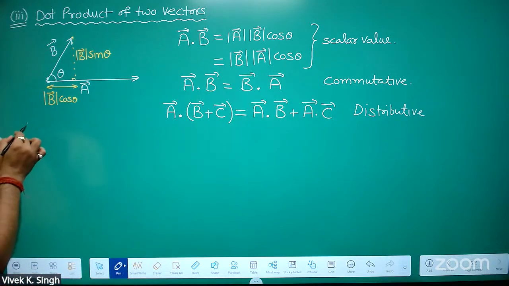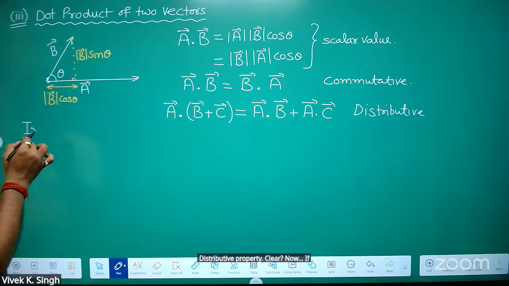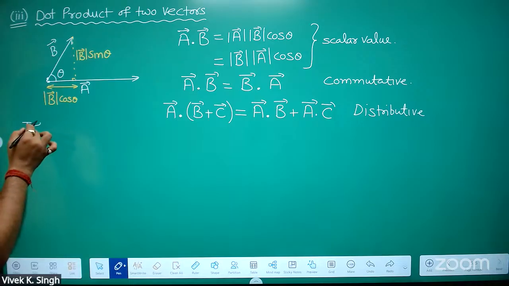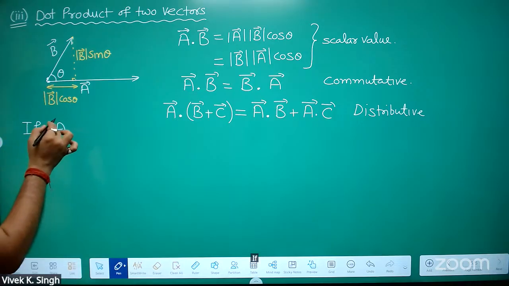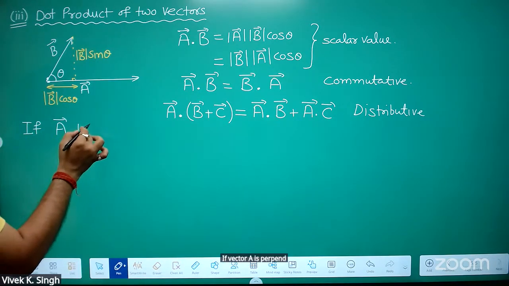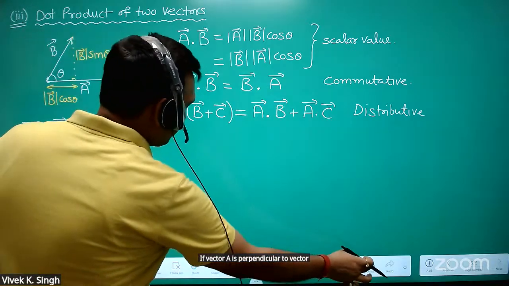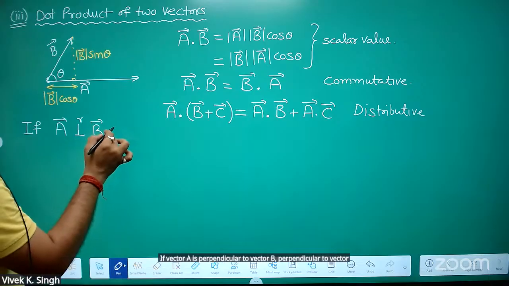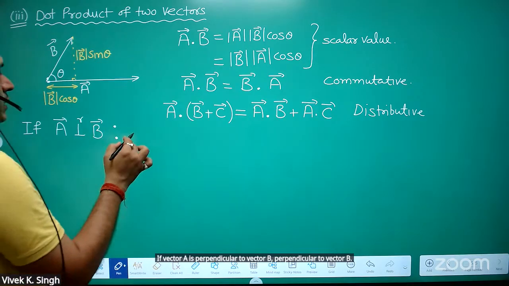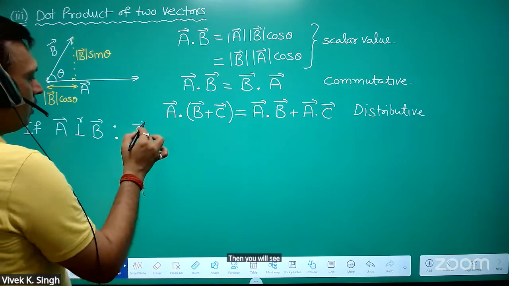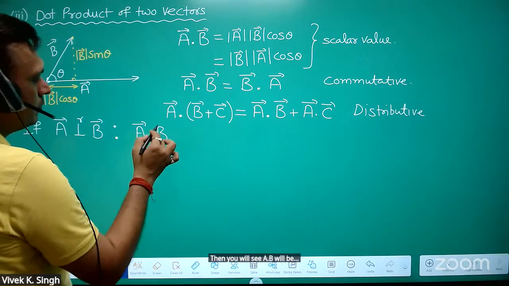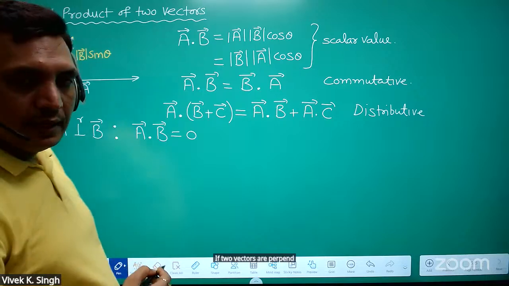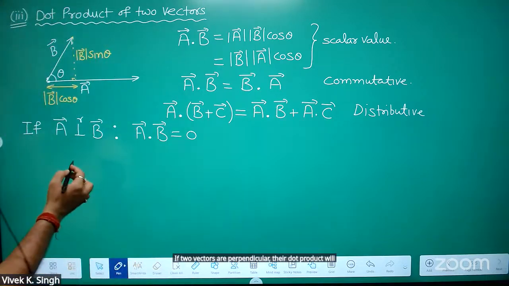Now, if vector A is perpendicular to vector B, then you will see A dot B will be 0. If two vectors are perpendicular, their dot product will be 0.